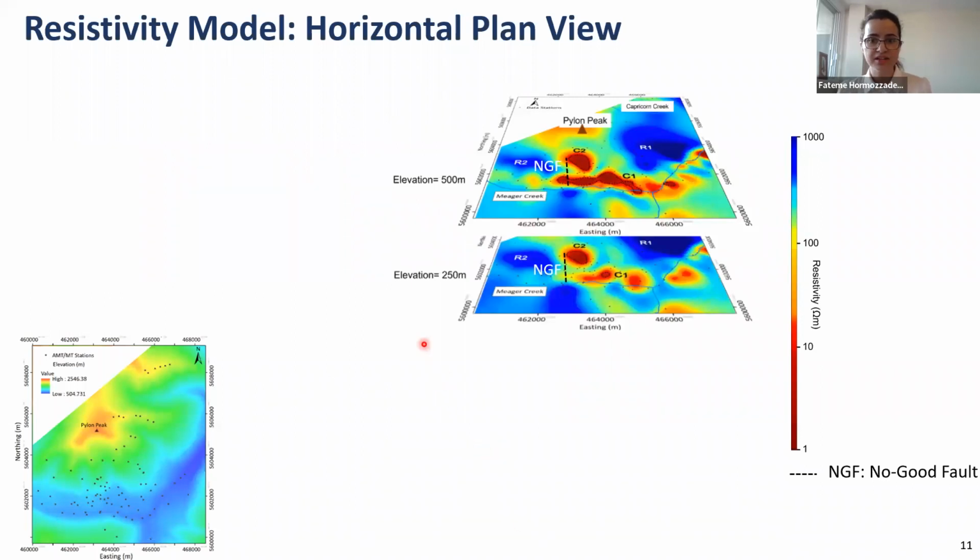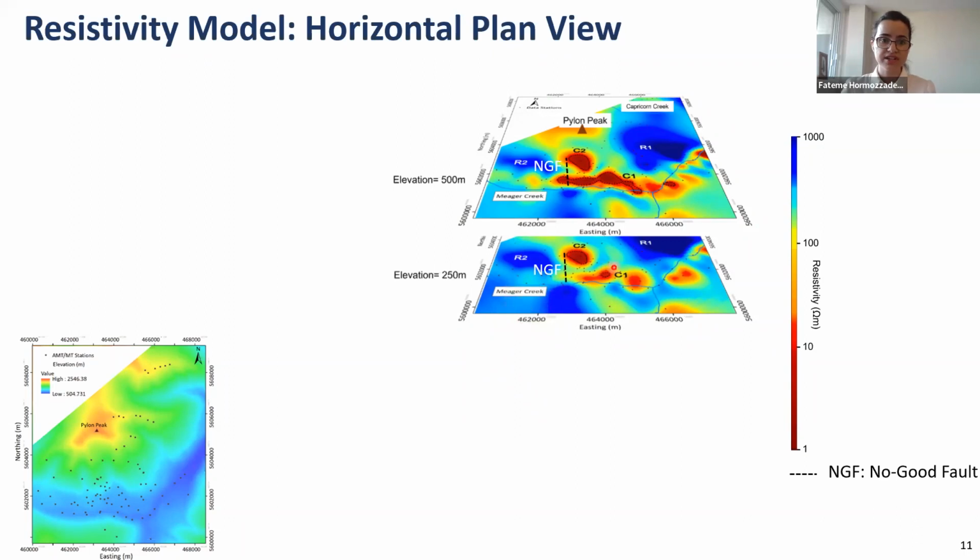If we step down in the model to 250 meters above the sea level, we can see again the conductor C1 exists beneath the Meager Creek, and also we can see C2 along the Nogood fault.